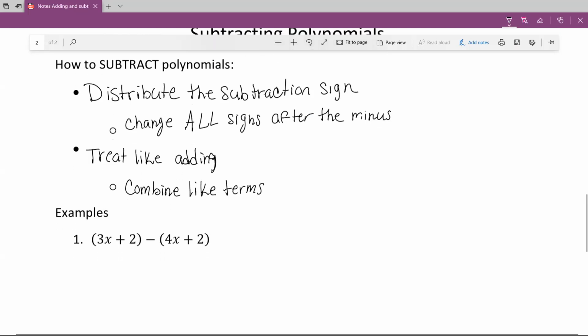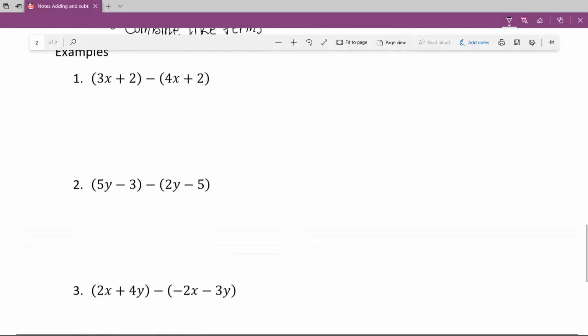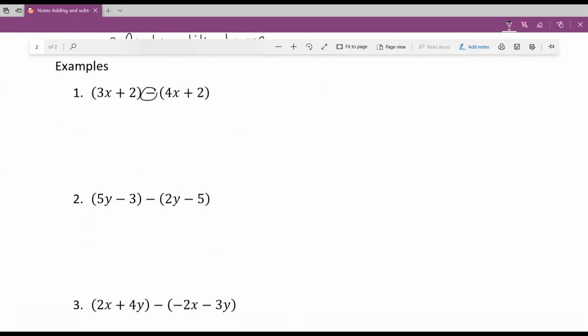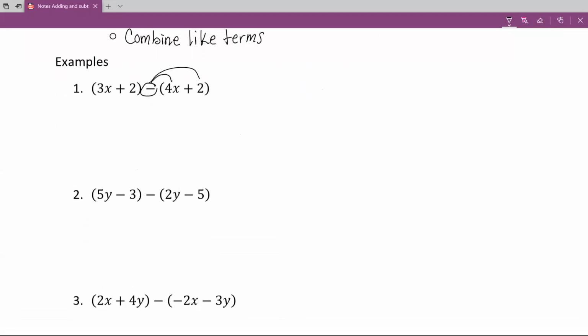If I look at example number 1, I know I'm subtracting because of this minus sign here. I'm going to just start by distributing it. So 3x plus 2 minus 4x. And then I'm going to minus the 2 as well. Now I can go back to combining like terms.